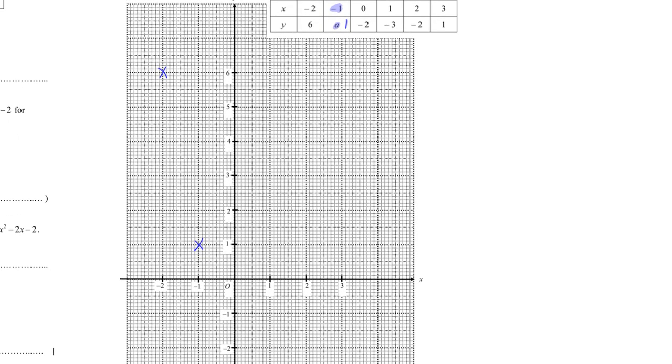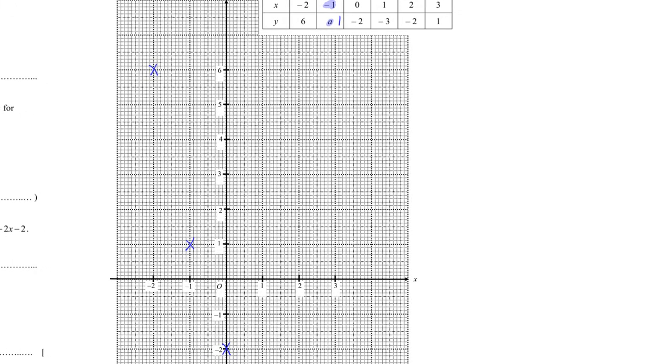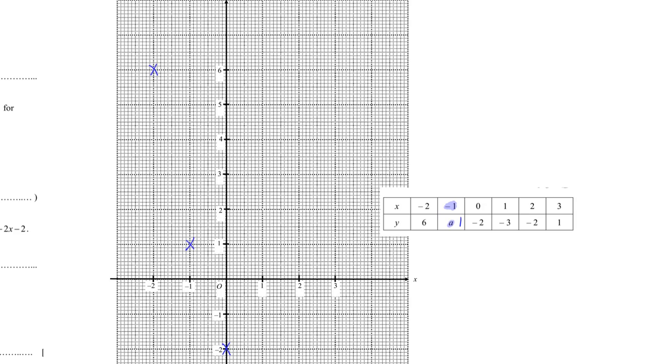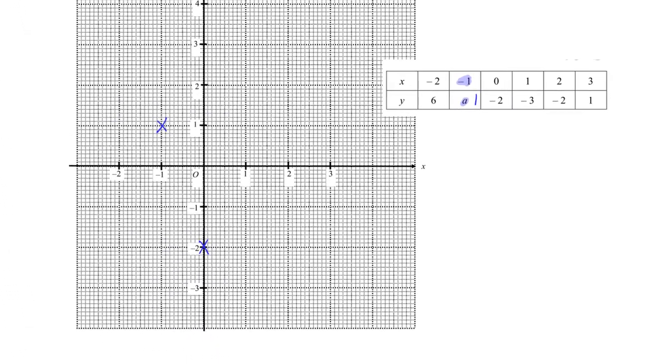When x is 0, y is -2, all the way down here. When x is 1, y is -3, all the way here. X is 2, y is -2, and the last one, 3 and 1.